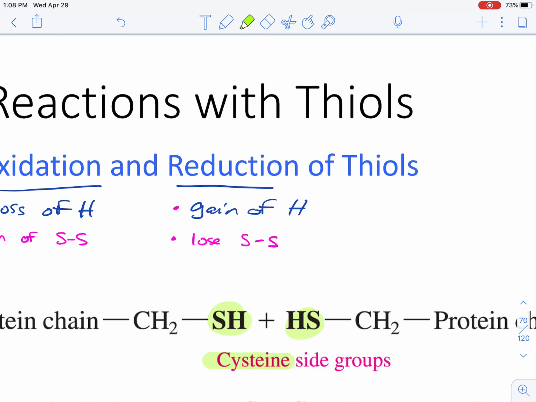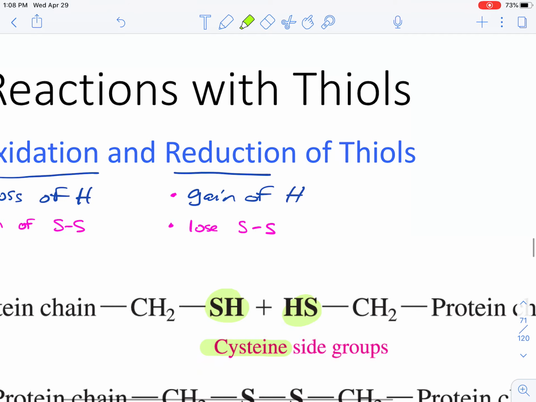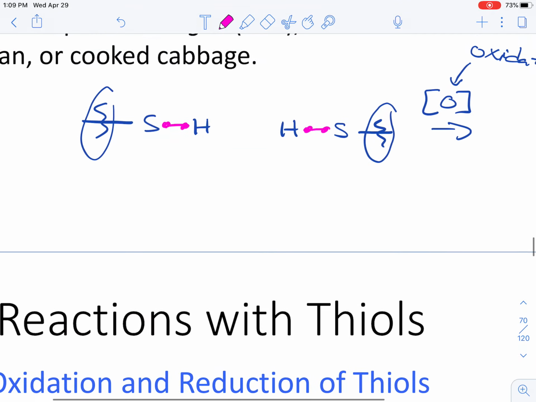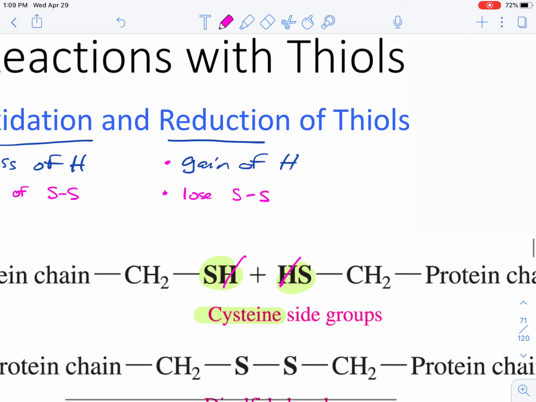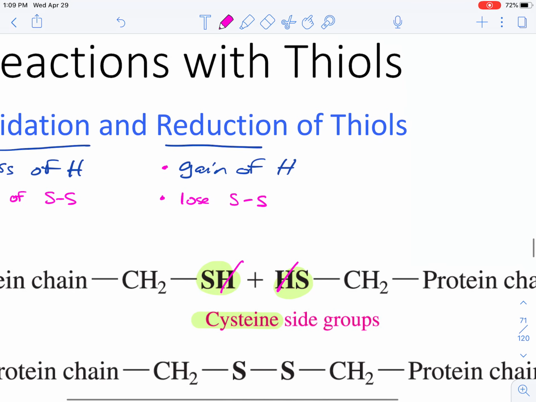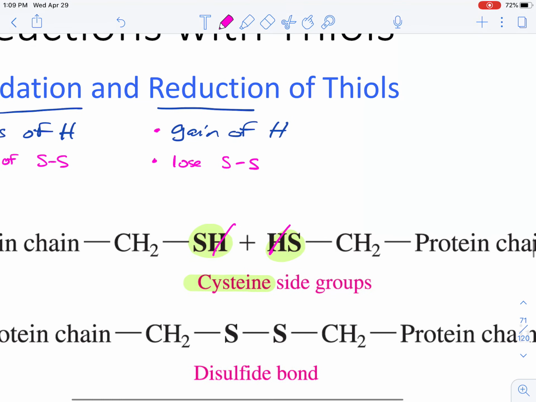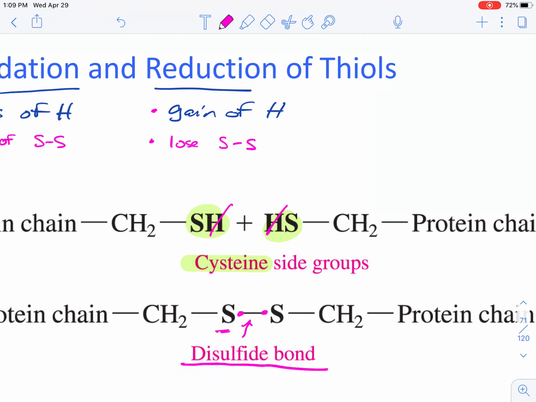And so these sulfhydryl functional groups, when an oxidation reaction occurs, the hydrogens, very similar to what I drew a while ago up here, are going to be extracted some way, somehow. And the electrons that are left over between the two sulfur atoms are going to bond to form a covalent bond. And this covalent bond is known as a disulfide bond. It's simply because you have two sulfurs.